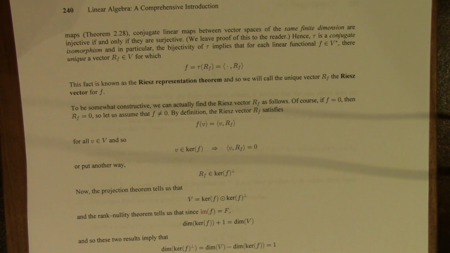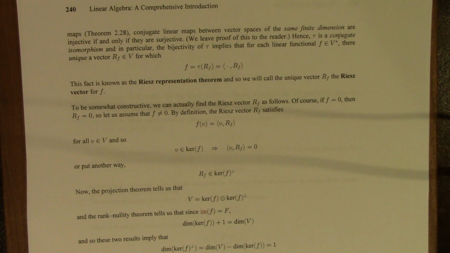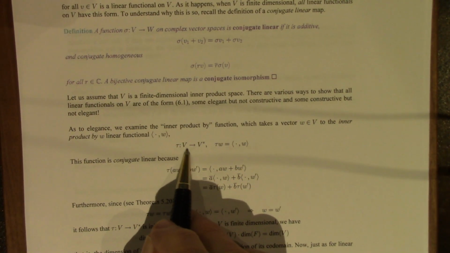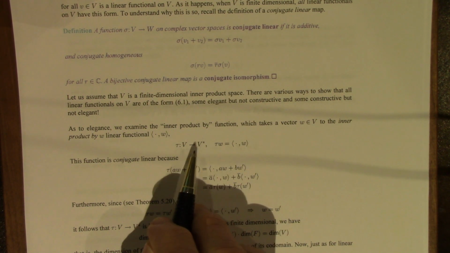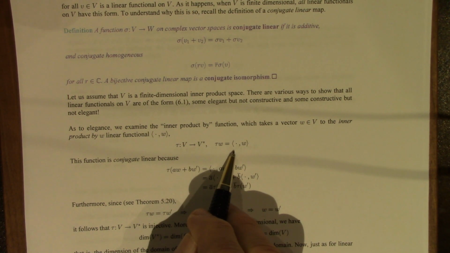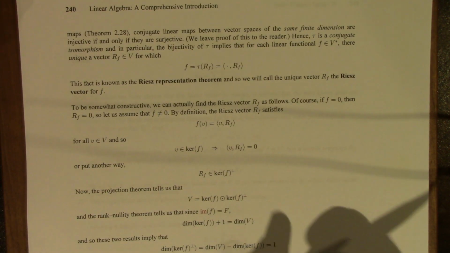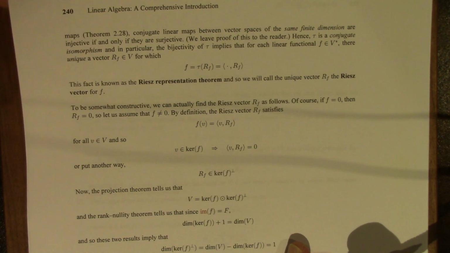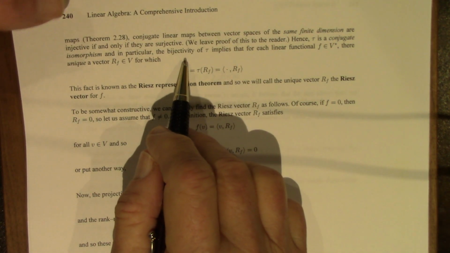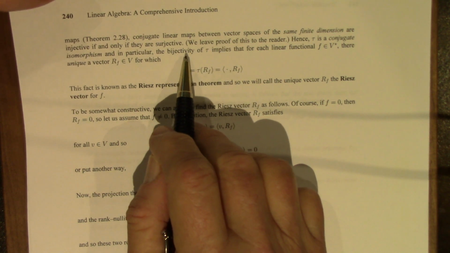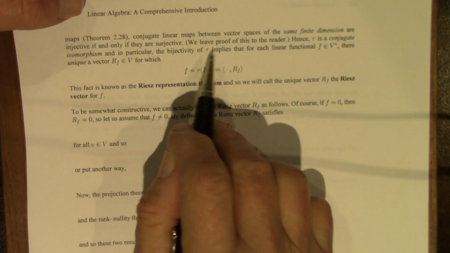So this map tau is a conjugate isomorphism. Mapping V to V star, tau of w is inner product by w. This is a conjugate isomorphism. Well, in particular, it's surjective and injective. It's bijective in particular.